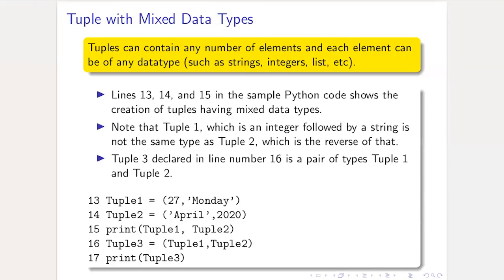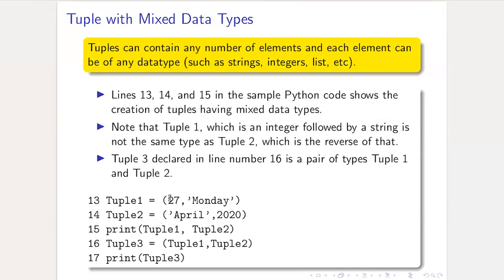You can see here we have tuple 1, which is a day and an integer value and a string, and a tuple 2, which is another string and an integer. Now, mind you, these are two different types of tuples, because the order in which the value types appear is important to define the type.